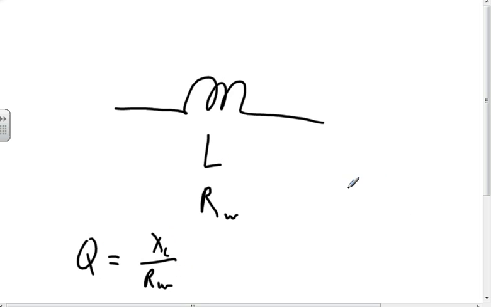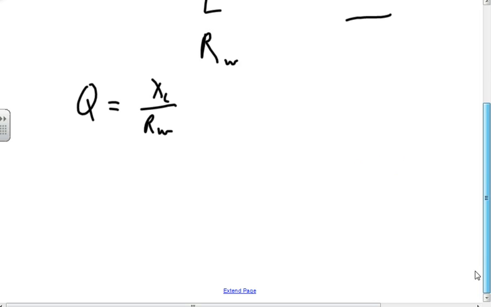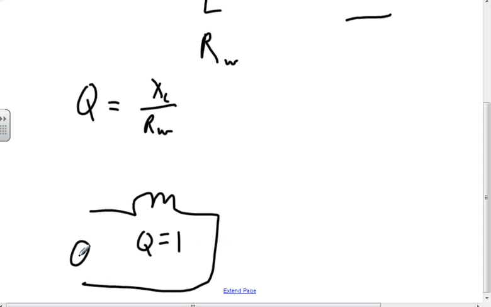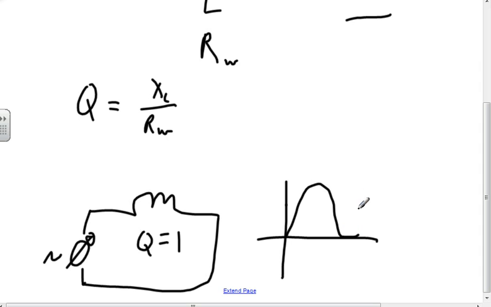Okay, so I got an inductor and my quality factor is 1, and I put a changing AC current on it, then what I see is something that has some peak like that.